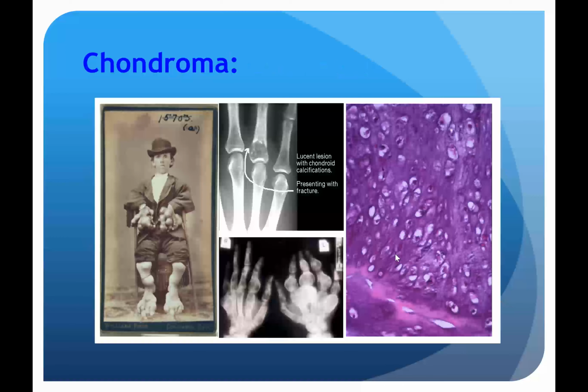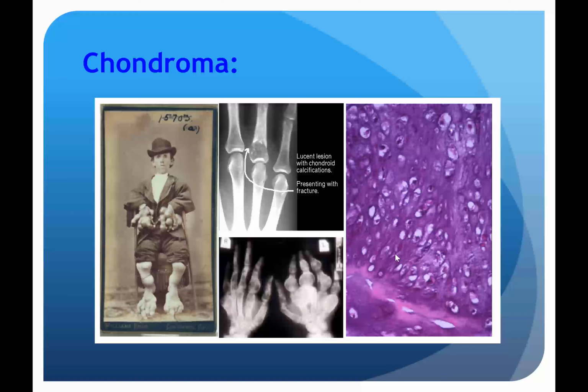Enchondroma is a benign tumor of hyaline cartilage. It may arise within the medullary cavity, and we call it enchondroma, or on the surface of the bone, and we call it subperiosteal chondroma.